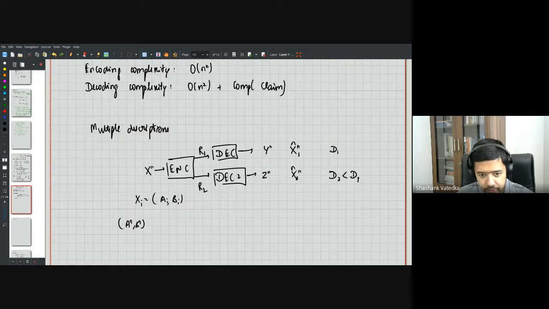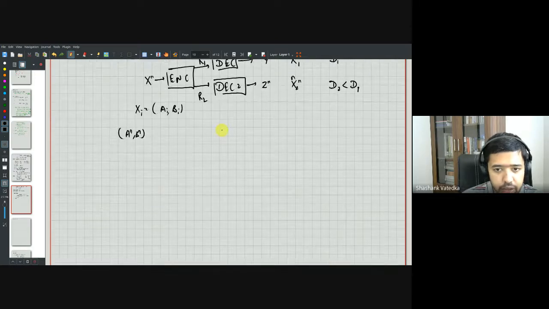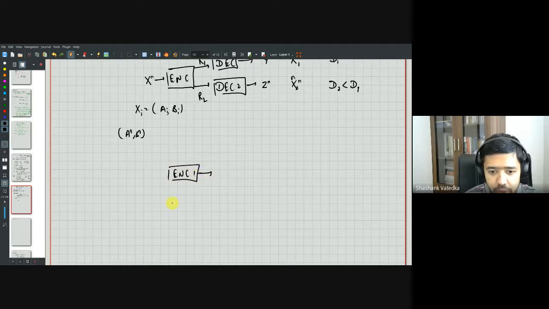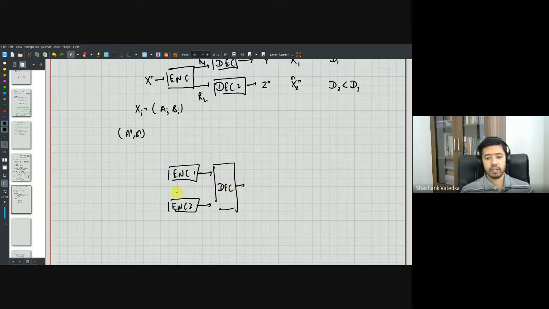So even if you have the following setup, you have encoder one, exactly the framework that we looked at. But now instead of lossless compression, let us suppose that we want to reconstruct xn and yn with some distortion.